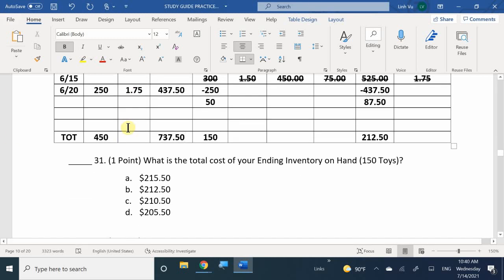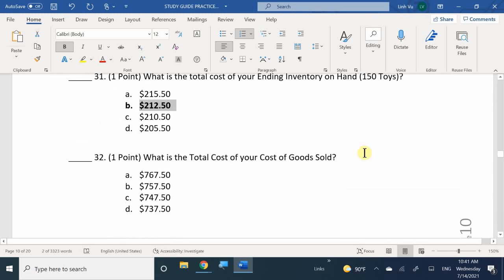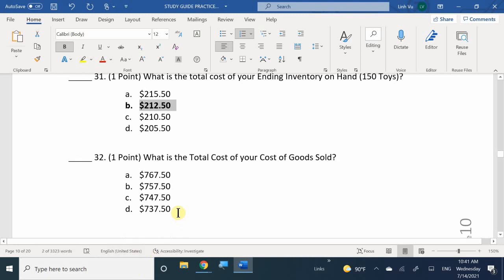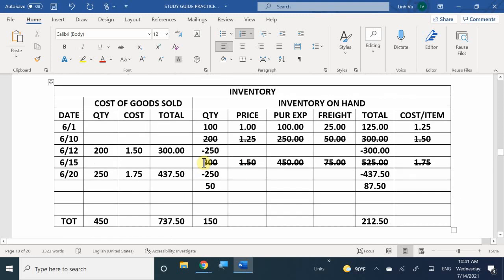Question number 1 says, what is the total cost of your ending inventory? B, 212.50. And then question number 2 says, what is the total cost of your goods sold? In this case, we solved it right here to be 737.50. Okay. Any questions here?